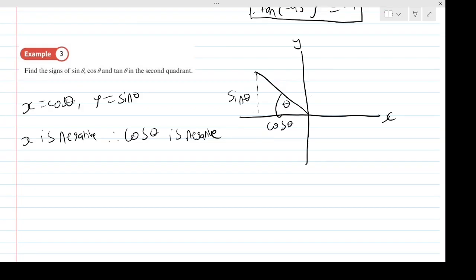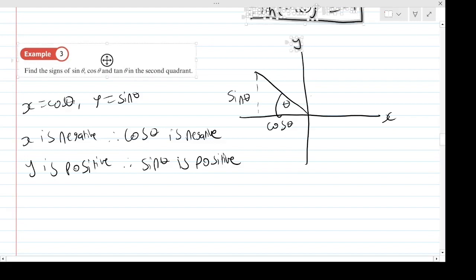If we extended it, that point has a positive y part. So therefore, y is sine theta, so we can say that sine theta would also be positive in the second quadrant.